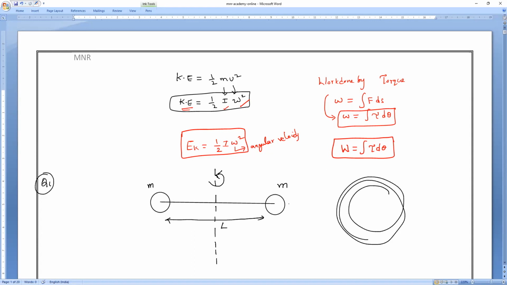They are asking, what is the kinetic energy of the system, not of a particular particle. We have to calculate the kinetic energy of the system.